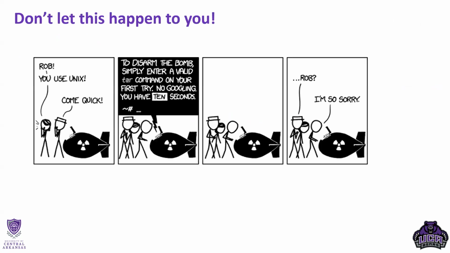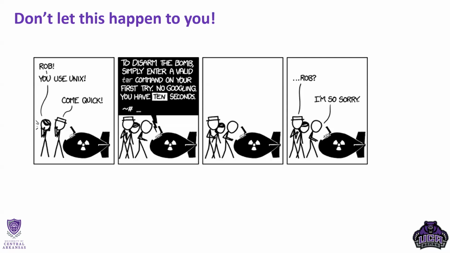All right, so you all know I love little cartoons. So we got 2 people sitting in front of what looks to be maybe a nuclear bomb, and one of them yells for Rob, use Linux. The guy says, come quick. So Rob gets over and reads the screen, and it says, to disarm the bomb, simply enter a valid tar command on your first try. No Googling, you got 10 seconds. Then Rob's staring at the screen, and they're like, Rob?